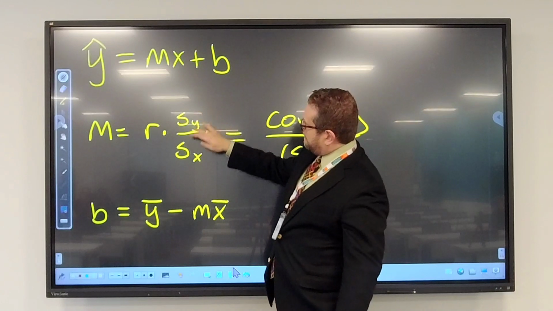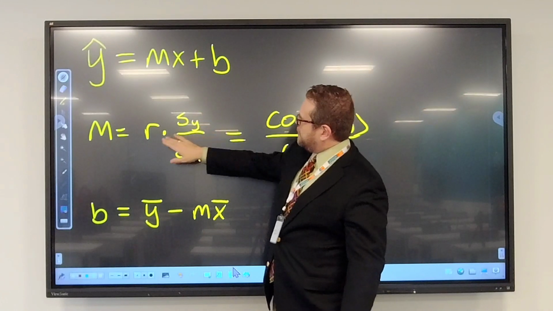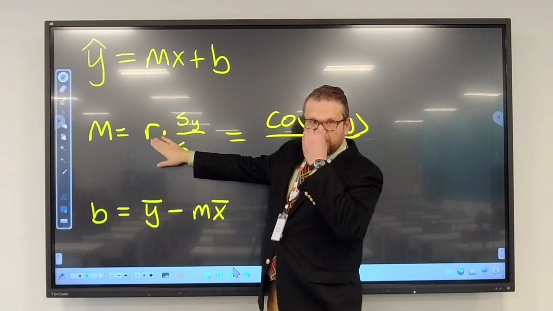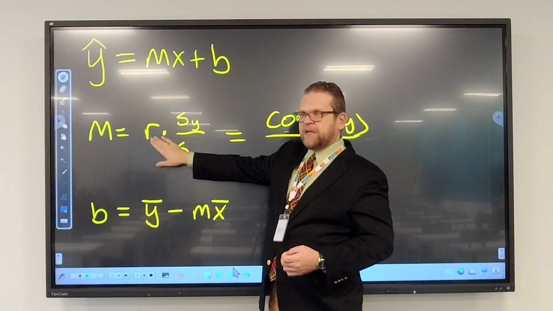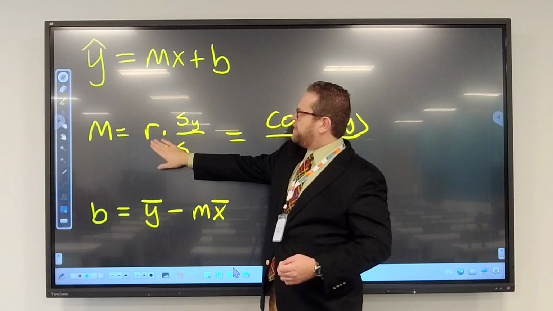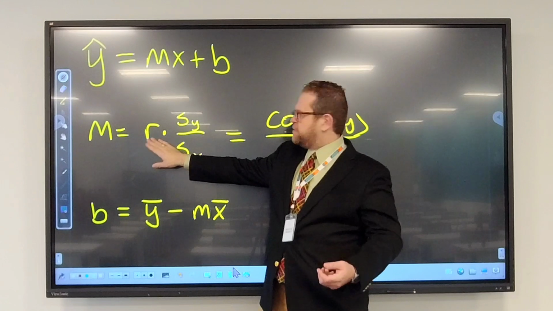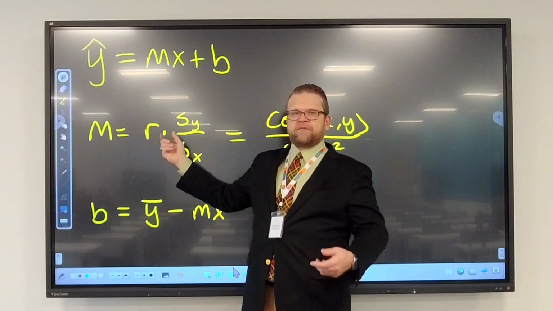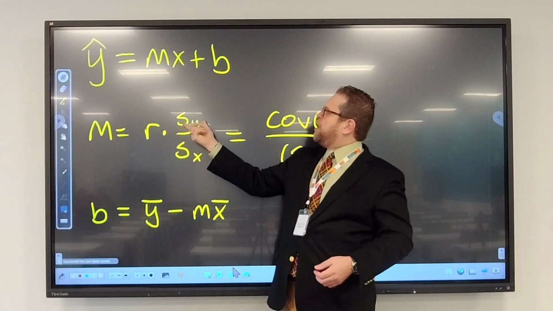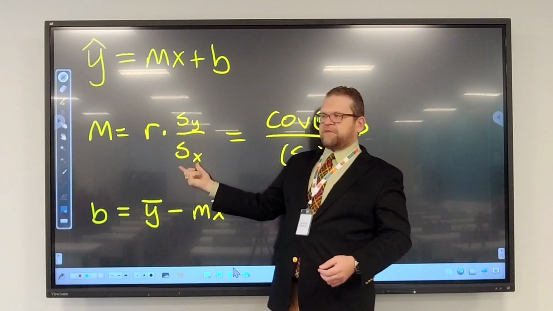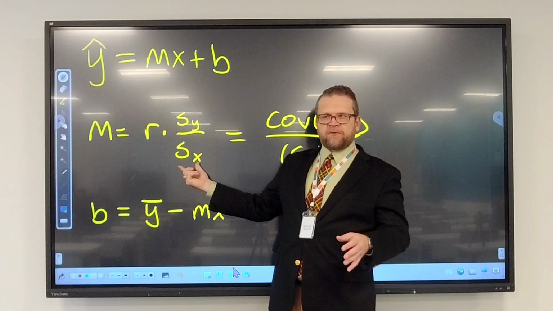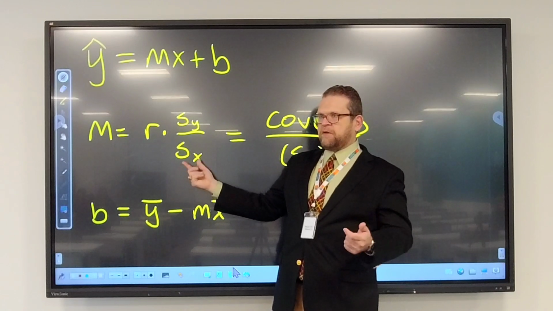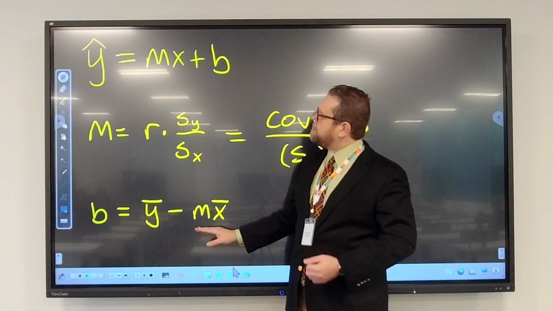The slope is relying on that R value, and that's kind of why if the R value was negative, then this is going to be negative, but if the R value was positive, then this is going to be positive, because both SY and SX have got to be positive numbers. They're standard deviations. They're never going to be negative numbers.